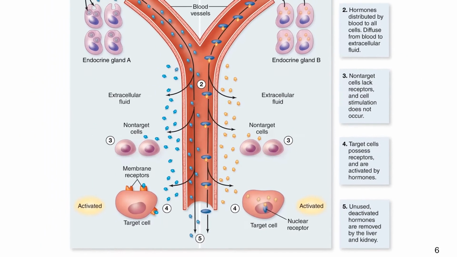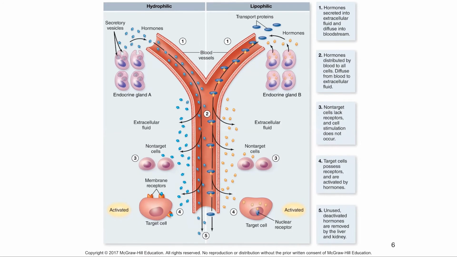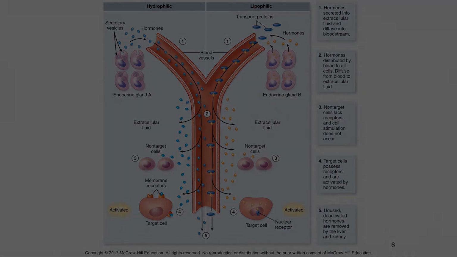And both types of hormones are eventually destroyed or cleared from the blood by the liver or the kidney, but hydrophilic hormones are usually deactivated more rapidly than lipophilic hormones. And then what that results in is that hydrophilic hormones tend to act over a much more brief period of time, such as minutes to hours, whereas lipophilic hormones are generally active over prolonged periods, such as days or weeks.